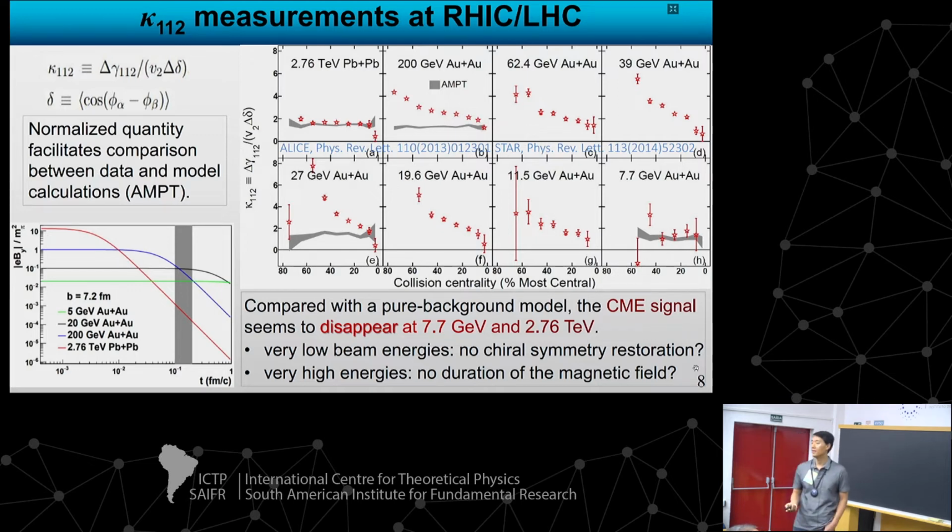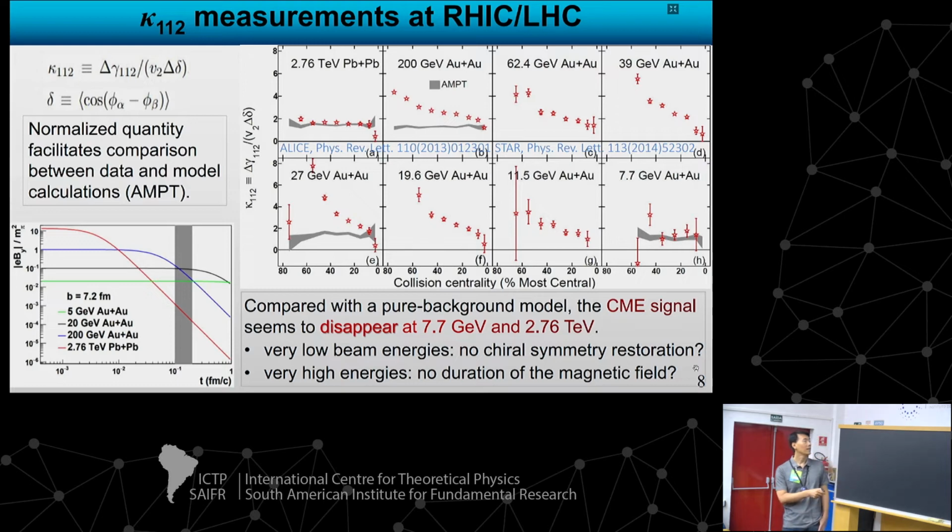So through this simple illustration, at LHC energy, we should not expect the magnetic field to really kick in to start the chiral magnetic effect. And for lower energy, we may even have a stronger magnetic field by the time we start to create the medium.